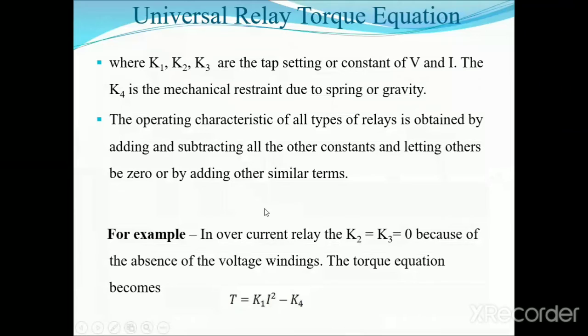For example, in overcurrent relays, K2 and K3 are equal to 0. K2 and K3 are equal to 0 because in overcurrent relays there is no voltage winding; we only have the current winding.